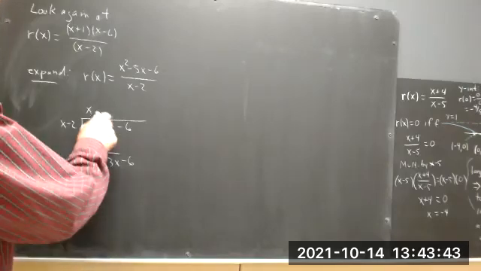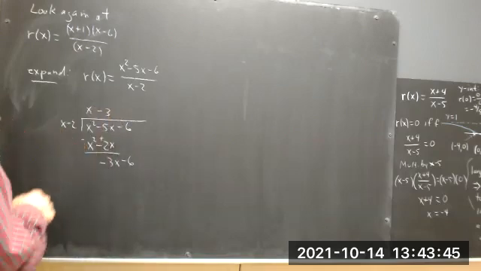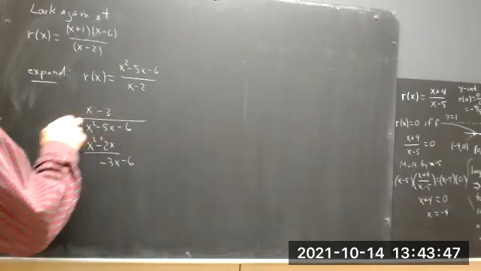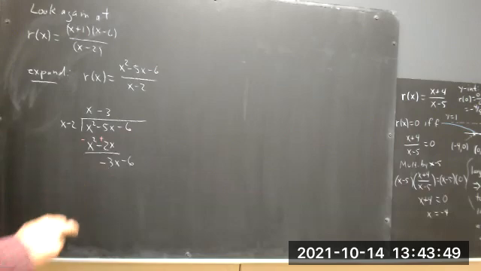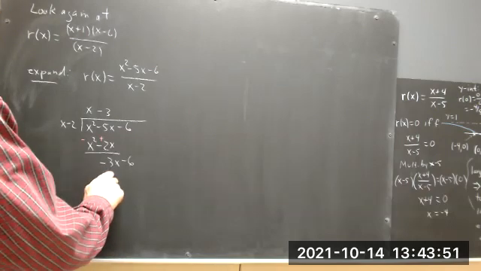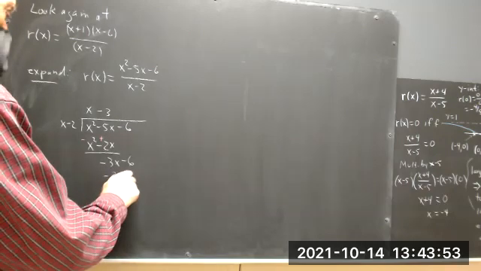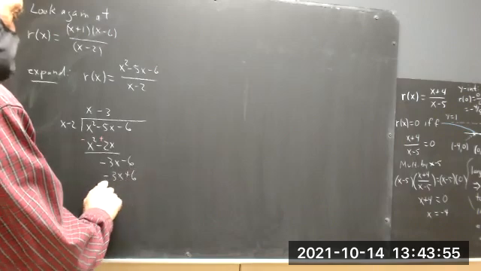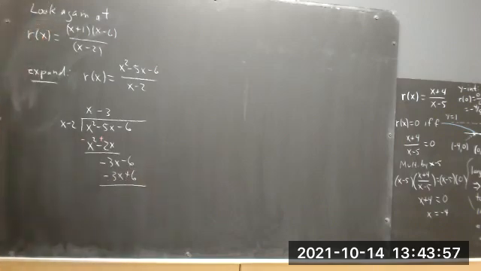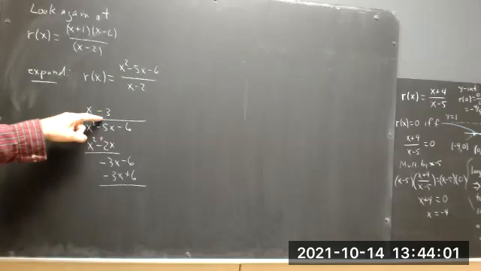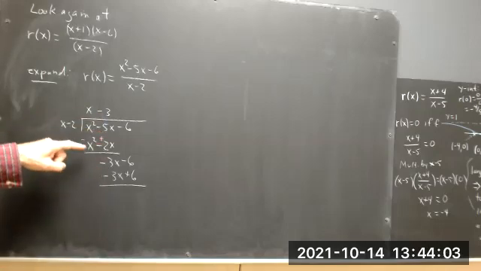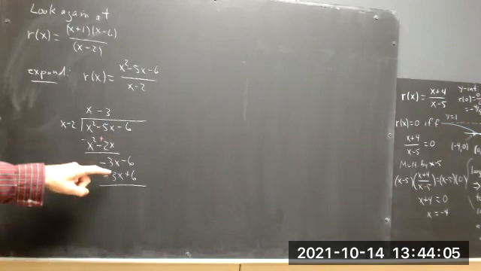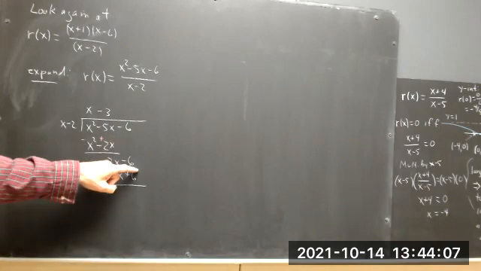Well, if we have negative 3 here, then negative 3 times x will be negative 3x, and plus 6 there. So now we'll have, in addition to the x squared minus 2x, a negative 3x plus 6.